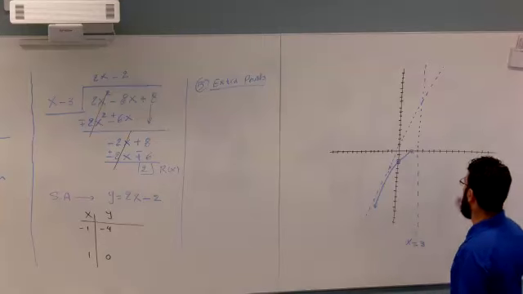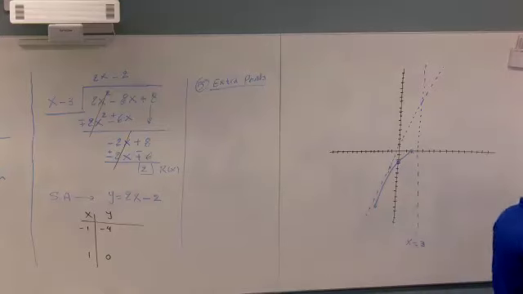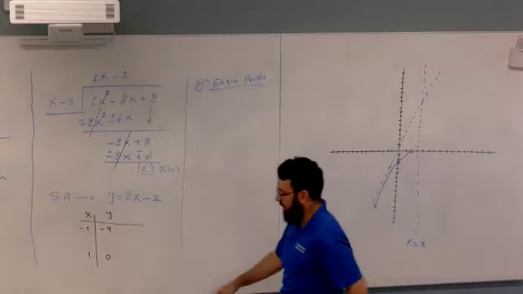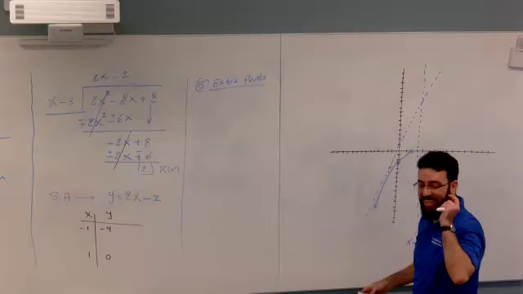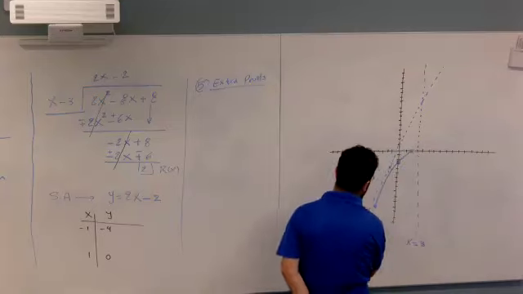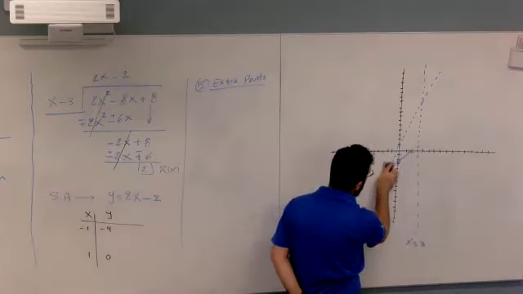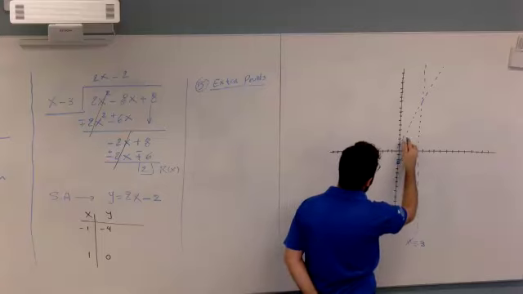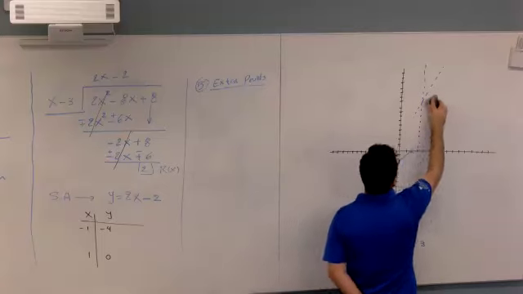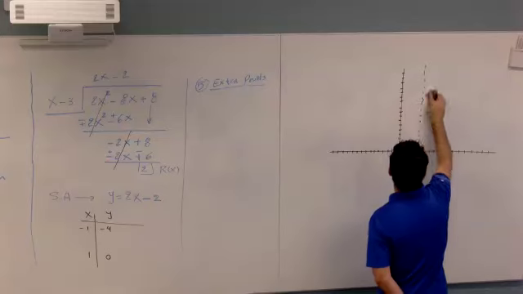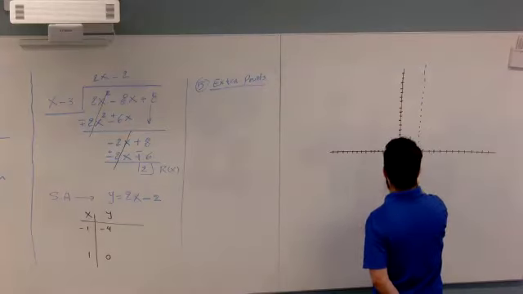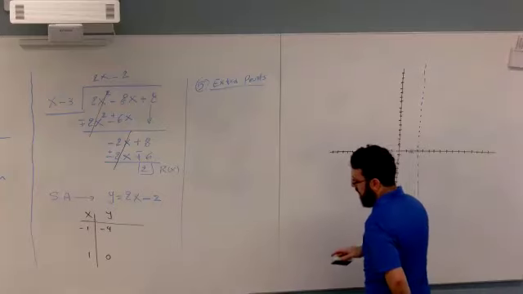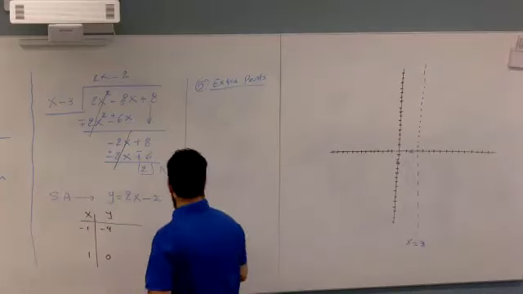Should be like this. The zero is at 2. It still makes sense. It's still slant. Move it over a little bit. Yeah, but we need to do it right. That's why it's a slant asymptote. So 1, 0, you're right.